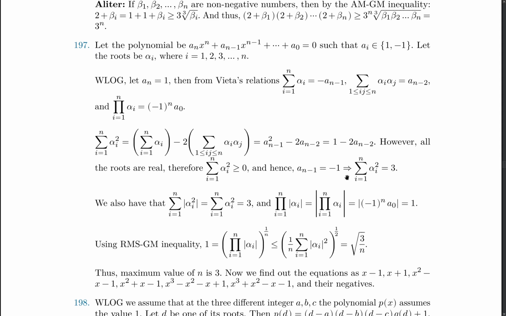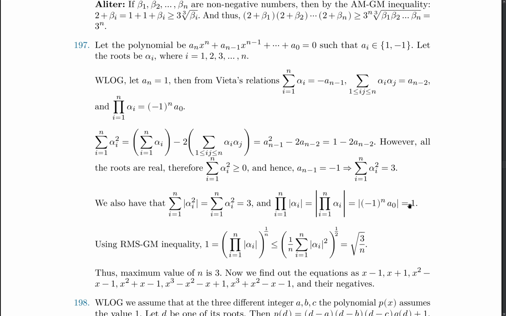Now this implies that sigma alpha i square is equal to 3. Now we also have that sigma of mod alpha i square is equal to sigma alpha i square, which is equal to 3, and the product of all the mod alphas is equal to the mod of the product of all alphas, which is minus 1 to the power a_0.